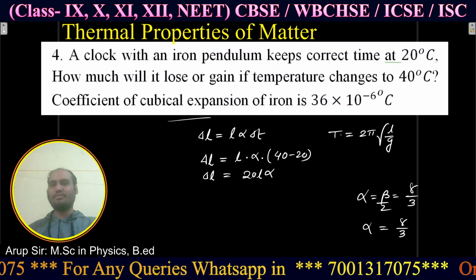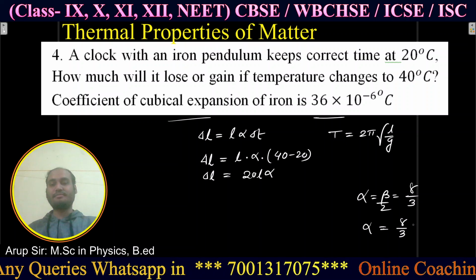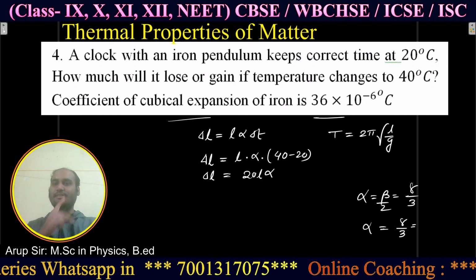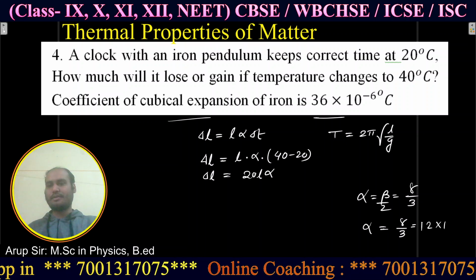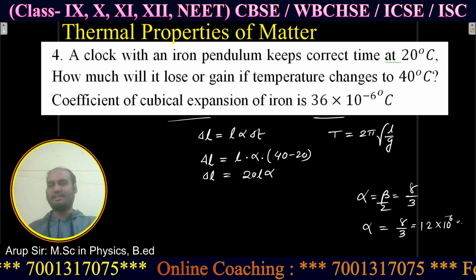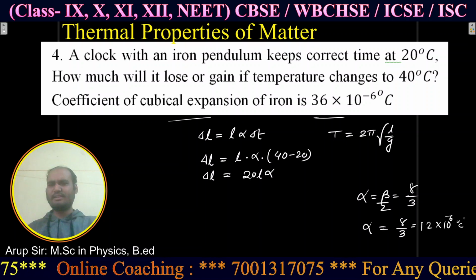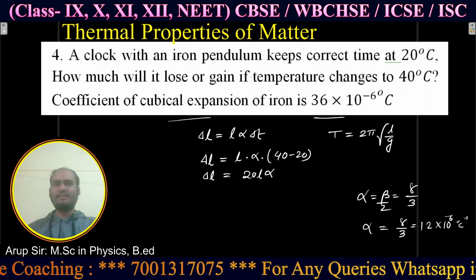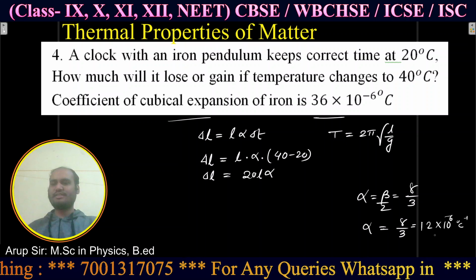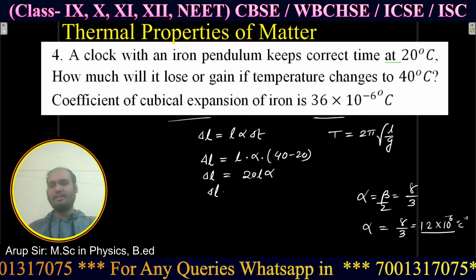So just divide the given value of gamma by 3 to get the linear expansion coefficient. So 12 into 10 to the power minus 6 per degree centigrade. It should be degree centigrade inverse, there is some misprint. Degree centigrade inverse.